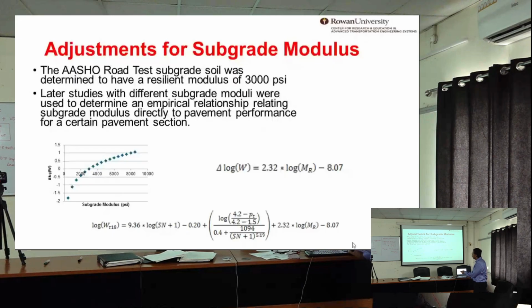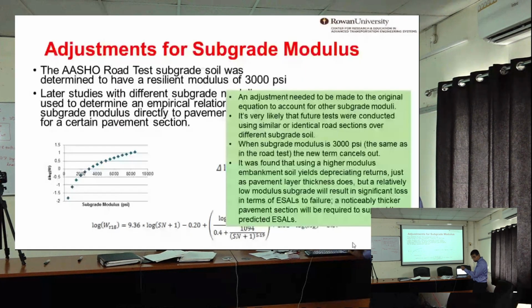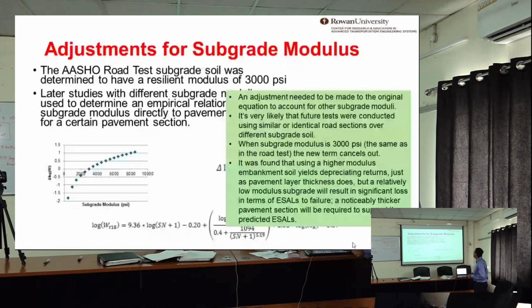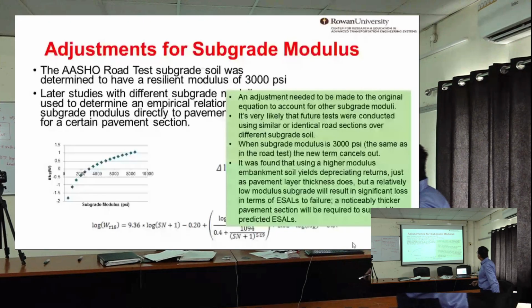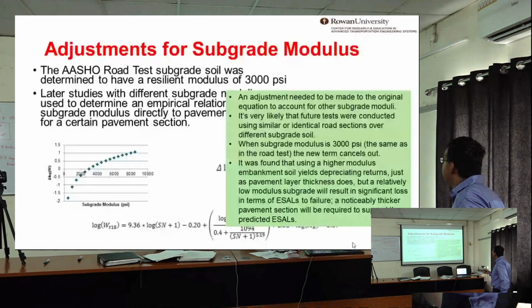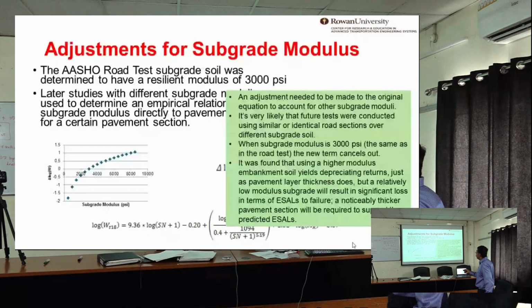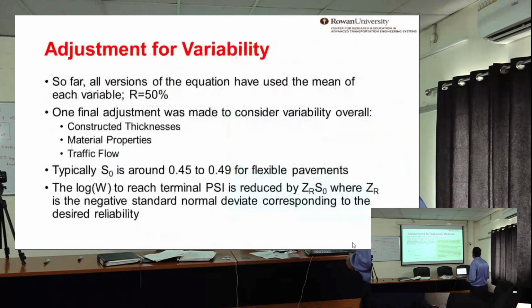And if the modulus became almost 500, there was almost 100, log of 2, minus 2, so almost 100, so at 3000 it was 1. And an adjustment needed to be made to the original equation, so that's what we are looking at, that all the adjustments were made to 3000 psi, and then I can explain to you about the damage.